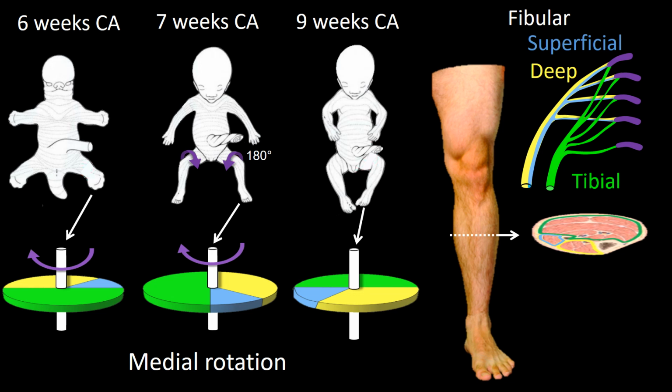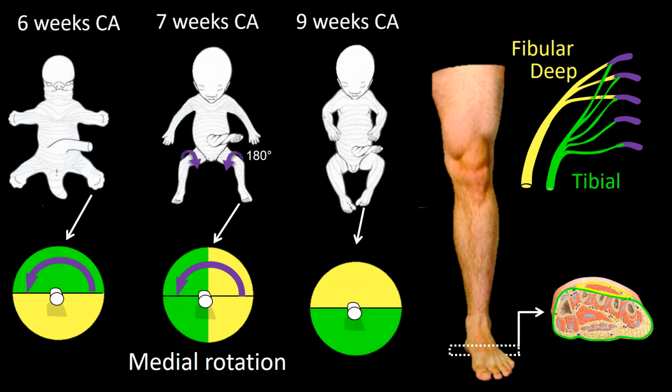In this frame, you can see the process. Medial rotation produces this arrangement in a similar fashion as we talked about regarding the thigh. Notice the position of the tibial innervated muscles here and here. This latter arrangement corresponds to the adult muscle position.